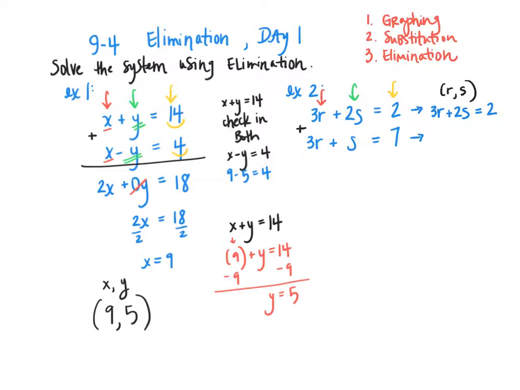Well, how would I do that? I could just multiply by negative 1. So remember, I have to multiply the whole equation by negative 1. So it's going to be negative 3r minus s equals a negative 7. So what I did is I took this whole second equation and multiplied through by negative 1. So notice the only thing that changed was the sign for each term.